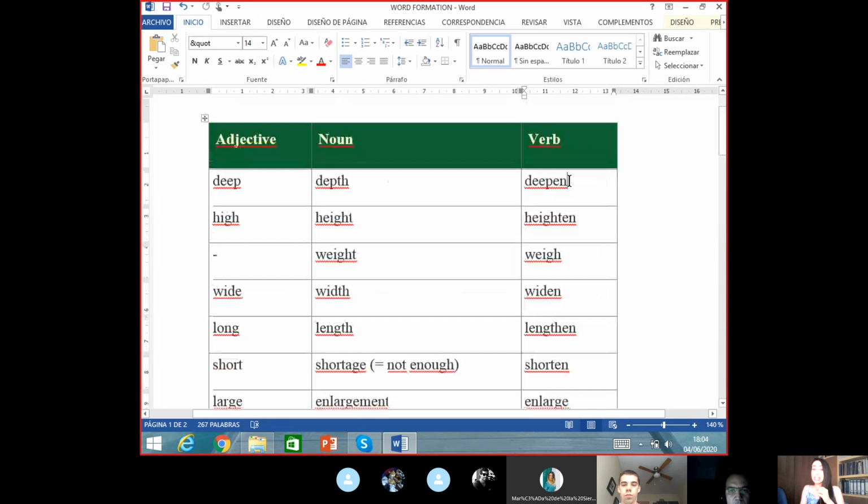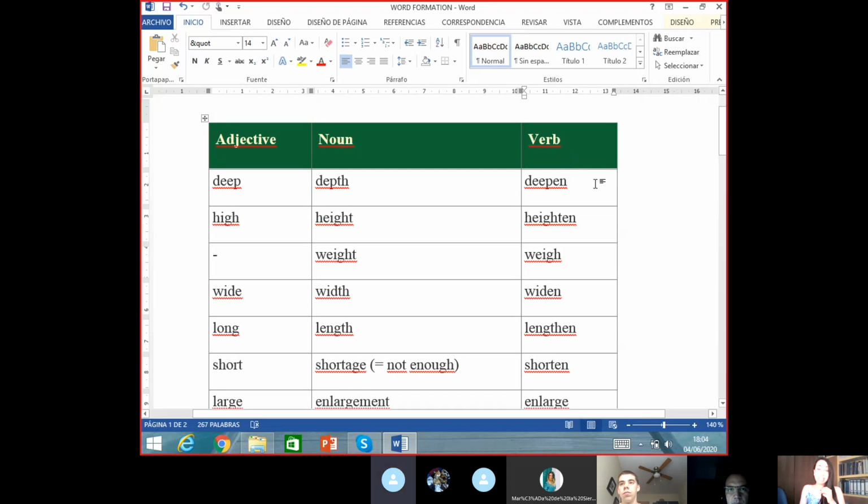So deepen is the base form, okay. You know that you have 3 columns normally when you study regular or irregular verbs.